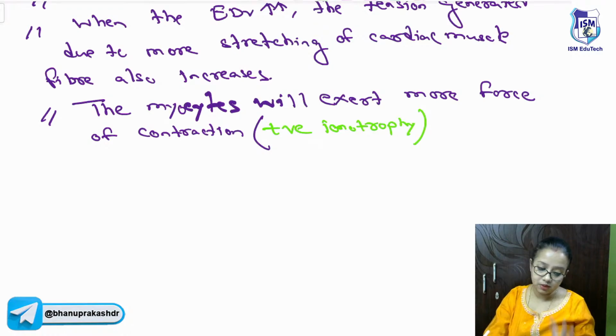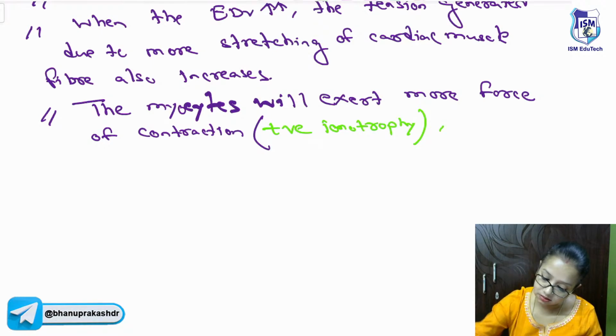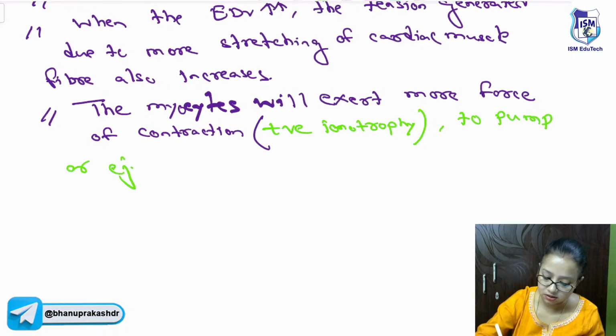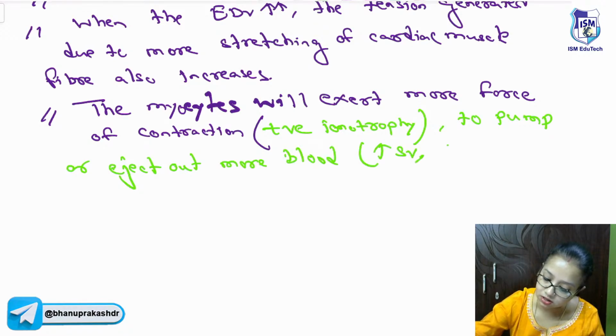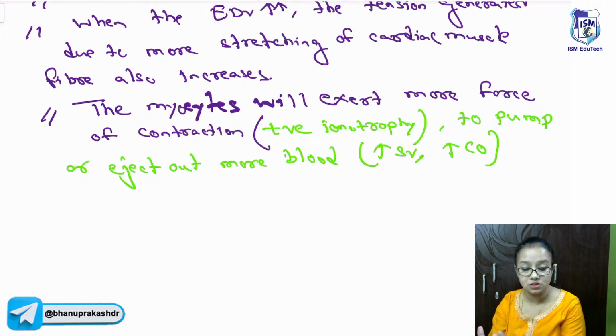So when the ventricle senses that more blood has come to it than its normal quantity, it will exert more force, and the force of contraction will be harder. Why? To pump or eject out more blood. So increase in the stroke volume, increase in the cardiac output. Okay, this is what is called the pressure tension relationship.